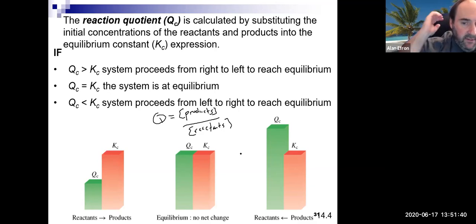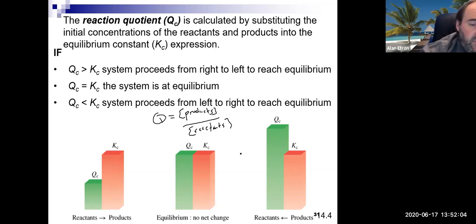So again, you would do your products over your reactants, just like you would do with your K. And when we calculate Q, we can compare it to the K value for that particular reaction. As we see here, if Q is greater than the K value, the first thing that tells you is this reaction is not at equilibrium.